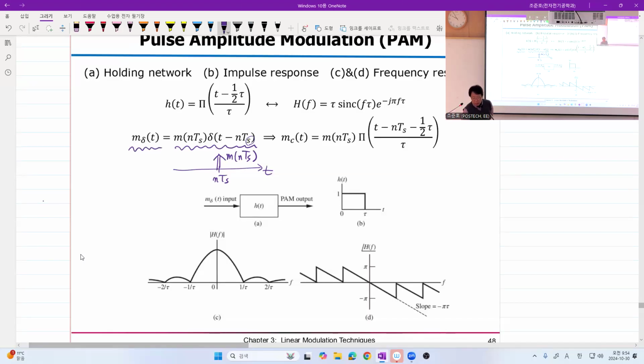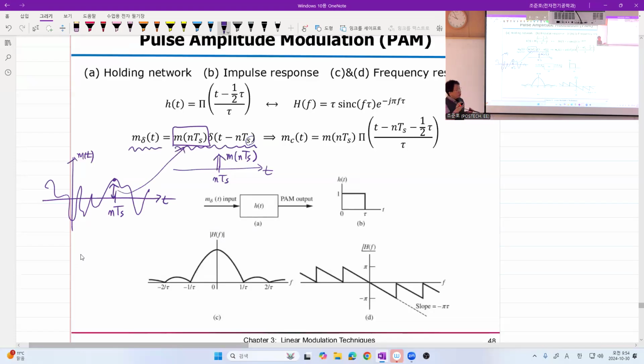Here, you may regard m of t as your voice signal to be transmitted. And what does this mean? It's a sampled version of this one at time n times t sub s. So this height becomes this value. Okay?